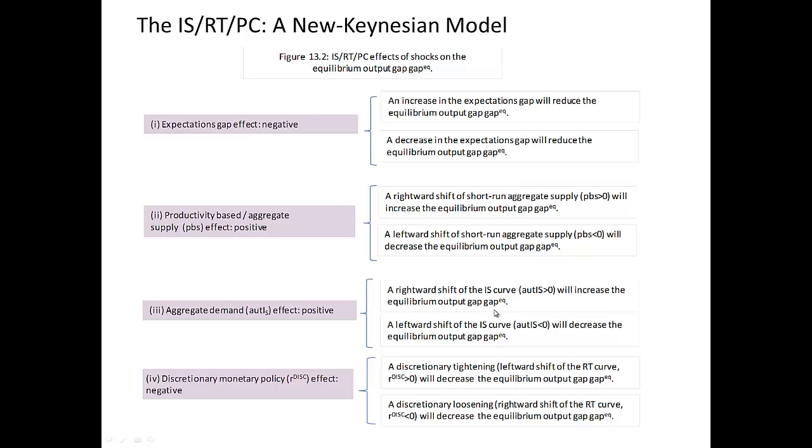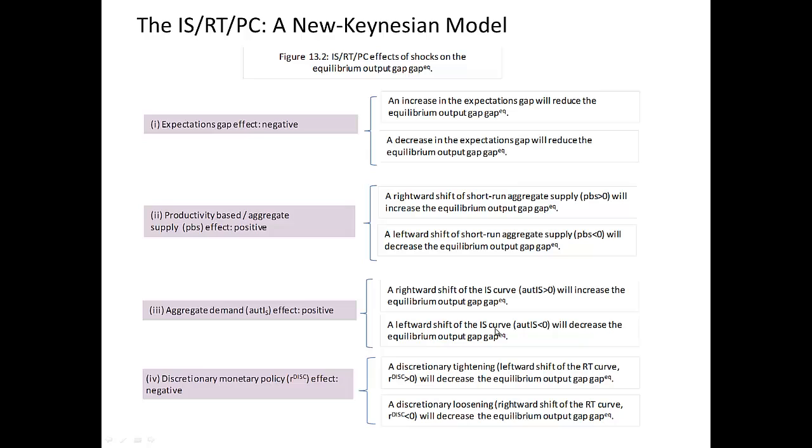Now, as we learned, and we'll learn a little bit more, the equilibrium increase in the output gap is going to be less than the shock, the magnitude of the shift to the IS curve. Why? Because when we have an increase in aggregate demand, the central bank that stays on its Taylor rule will raise interest rates, and it will squeeze out some of that aggregate demand.